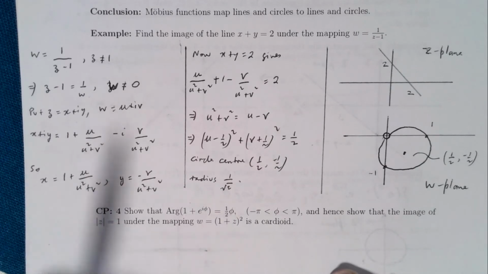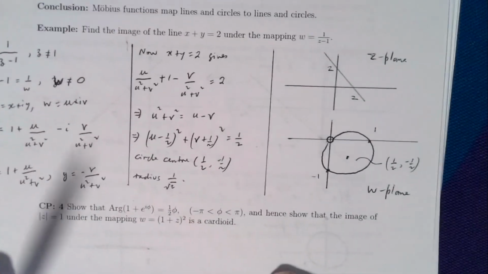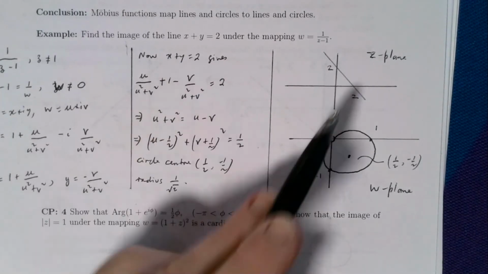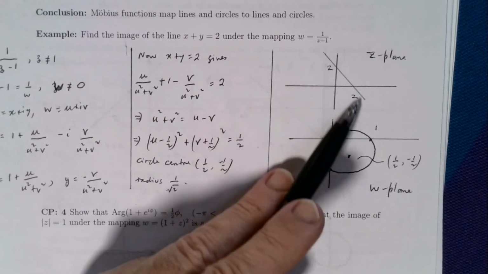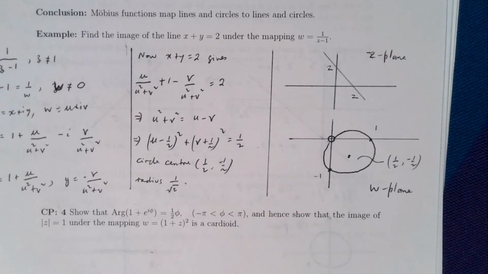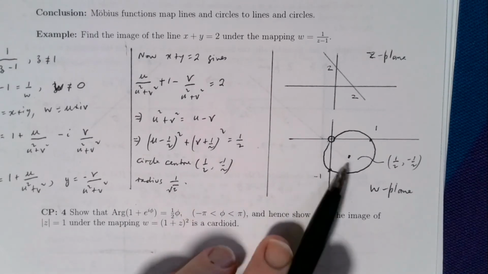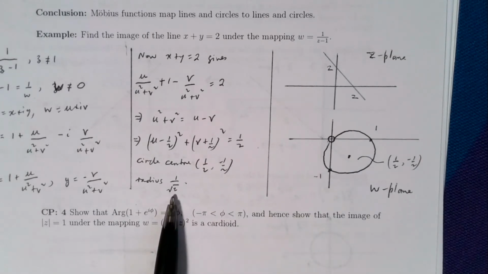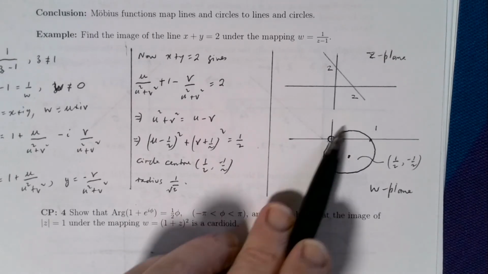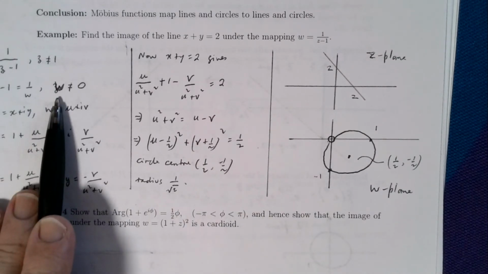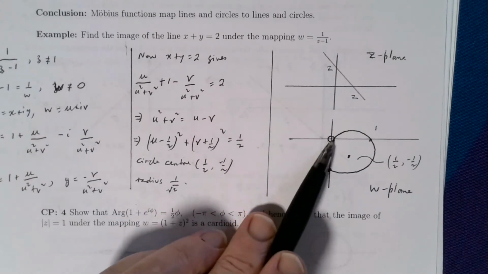So let's just draw a picture to see what this is doing then. We started off with the line x plus y equals 2 in the z-plane, and it maps to a circle, centre a half, minus a half, which is here, and radius 1 on root 2. So it will be a circle like this, but you may recall that we said w is not allowed to be 0, so this point is excluded.